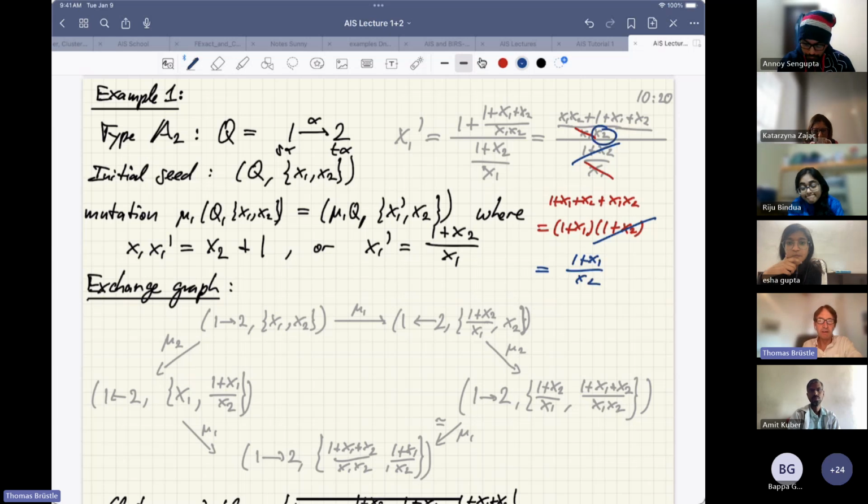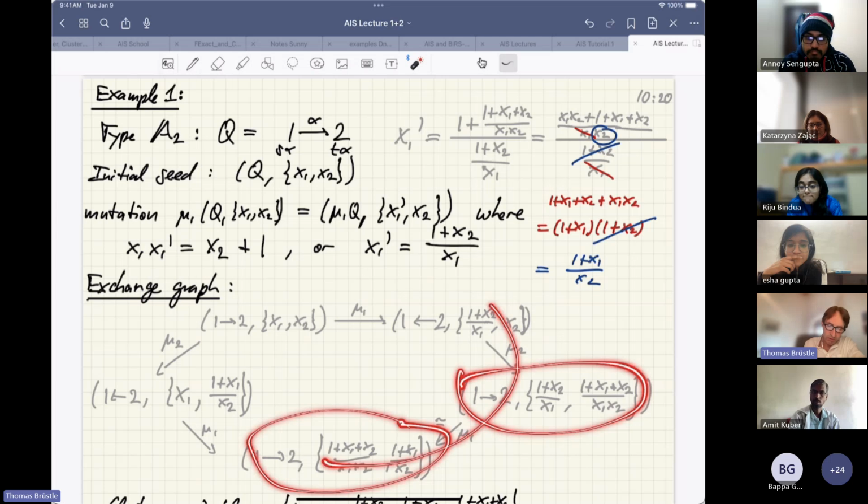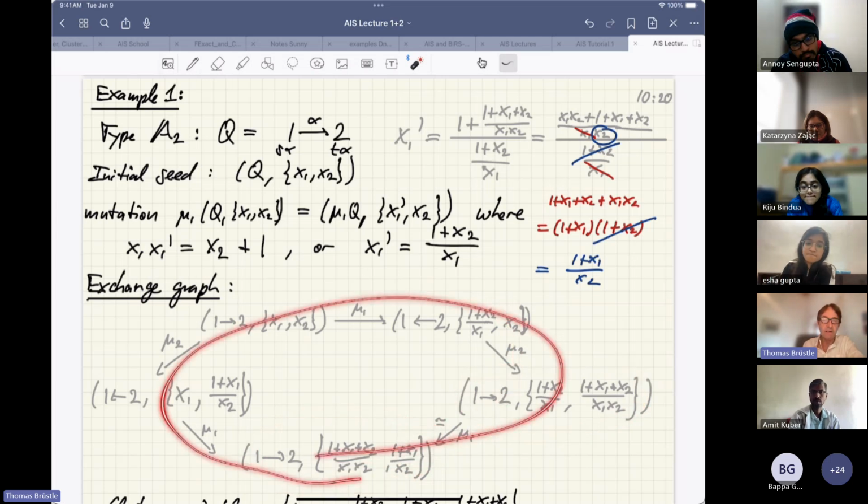So that's the final result, okay? And this is exactly what we have here. So we made no mistake. Very good. Thank you very much. So up to some reordering of the variables and up to some isomorphism of the quiver, if I mutate this one in 1, then I get that quiver and I close the loop. The exchange graph is this one.